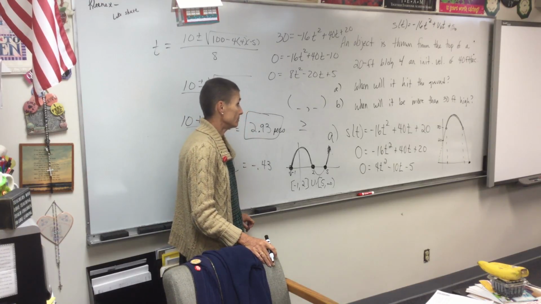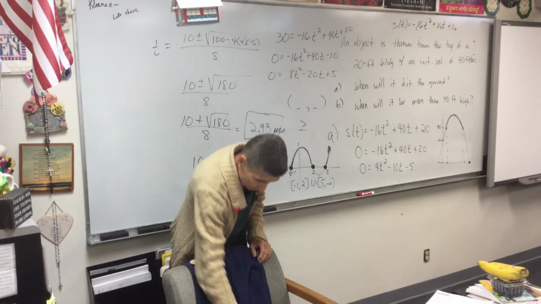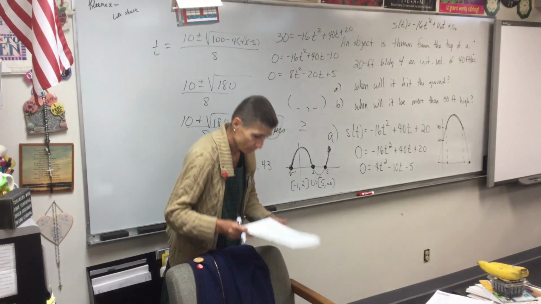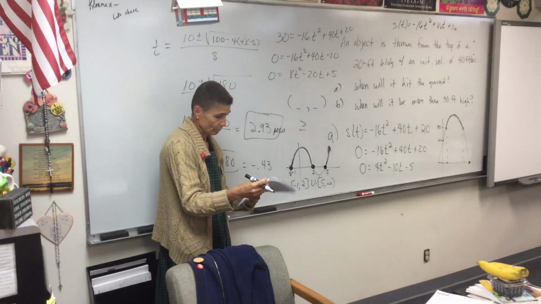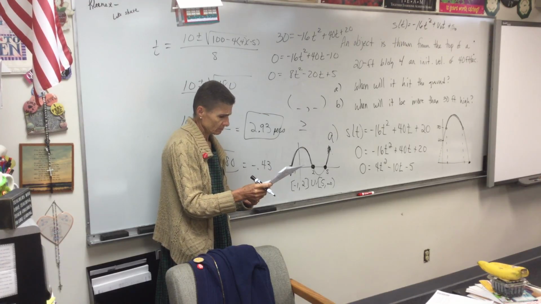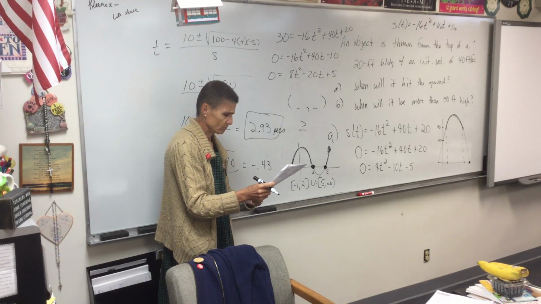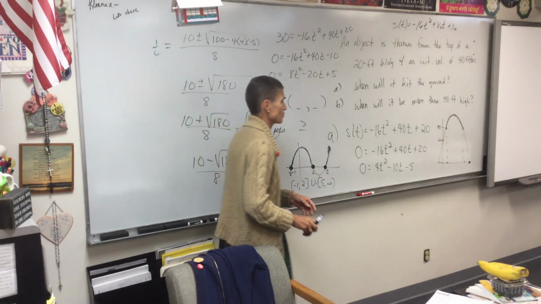Yes. On number 10 on the review, would we just use the distance formula? Okay, for number 10A, you'd be using the distance formula, right? And would you plug in like? Whoa! Using the distance formula. Whoa. 10A says, write the equation of a linear function. We did that yesterday in class.